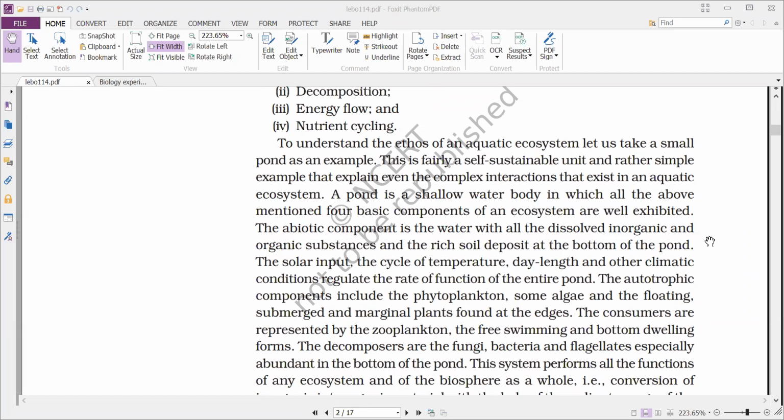The abiotic component is the water with all the dissolved inorganic and organic substances, and the rich soil deposit at the bottom of the pond.